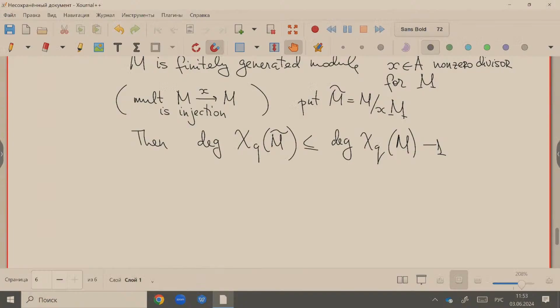And so here, of course, we have to say what the filtrations are. So here we have the filtration Q^n M, and here we are writing the filtration Q^n M tilde.